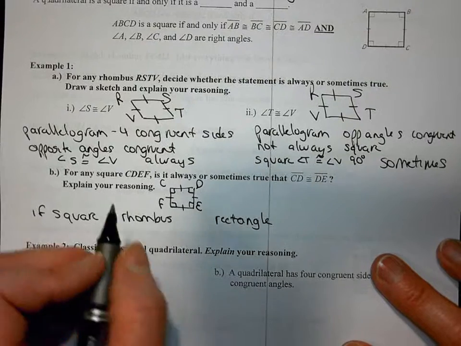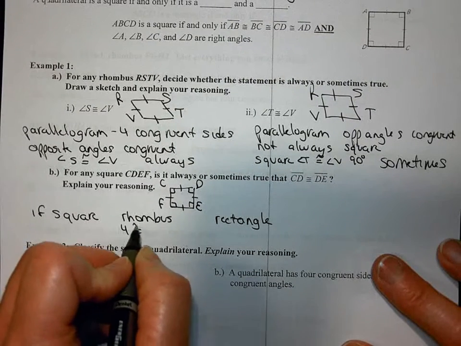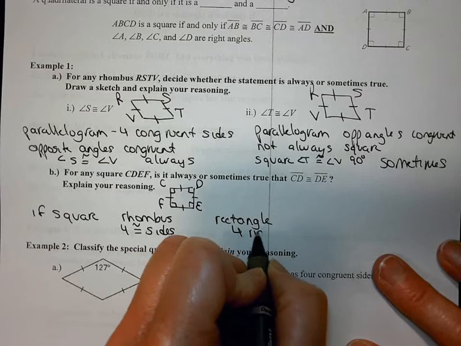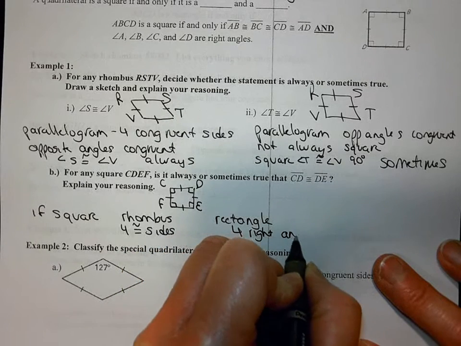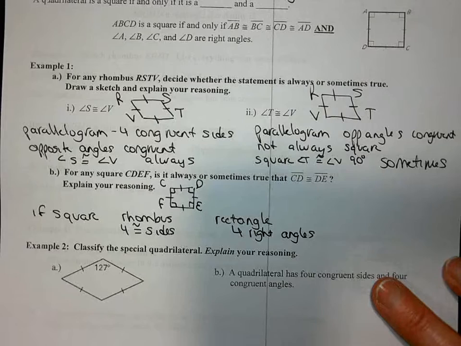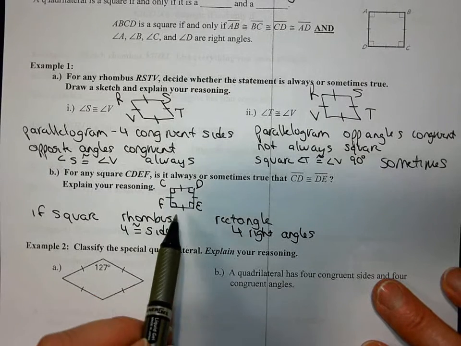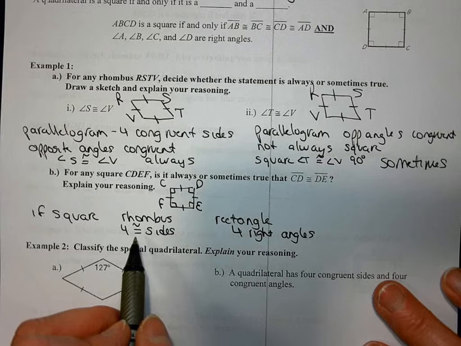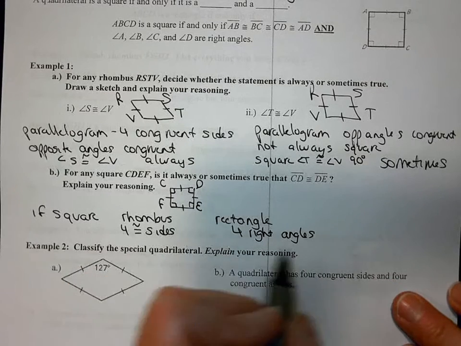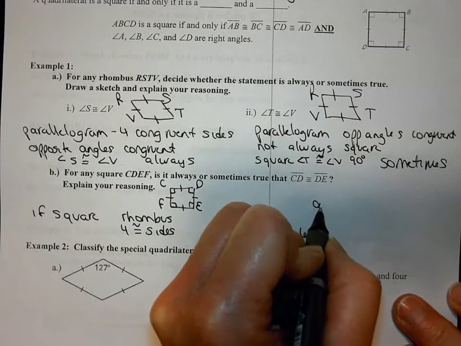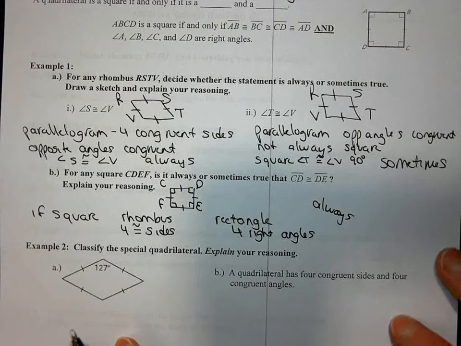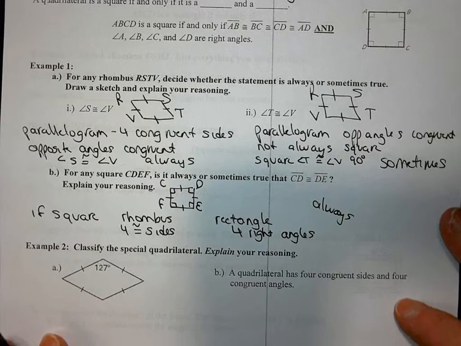If it's a rhombus, we know it has 4 congruent sides. If it's a rectangle, we know we have 4 right angles. So if we look at CD and DE, those are side by side. That means we have congruent sides, and they're always going to be congruent. So this is going to be an always based on our properties of rhombuses, rectangles, and squares.